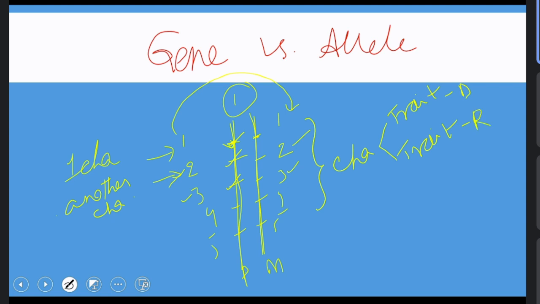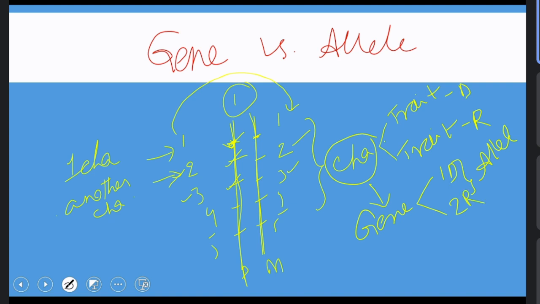Thus, the genes which code for one character are also of two forms. So one character is coded by one gene. Because the character has two traits, the genes are also two in number. And these two genes are called alleles. One gene is said to be dominant, the other is said to be recessive.